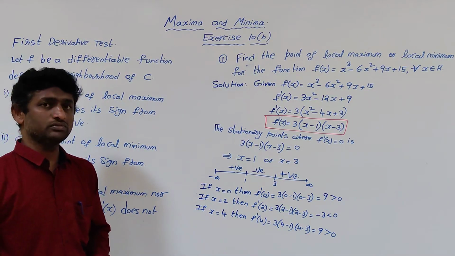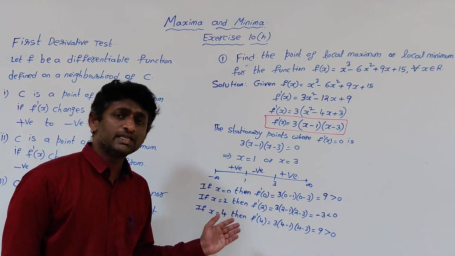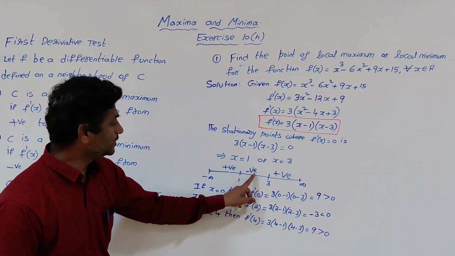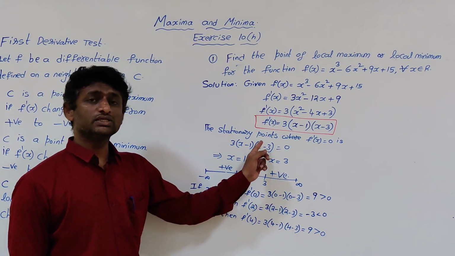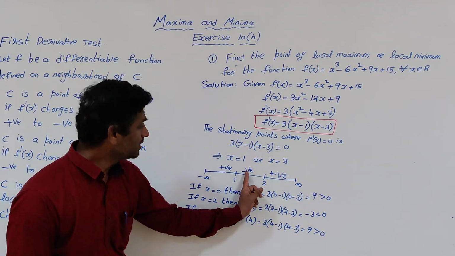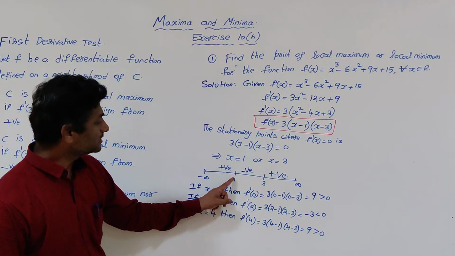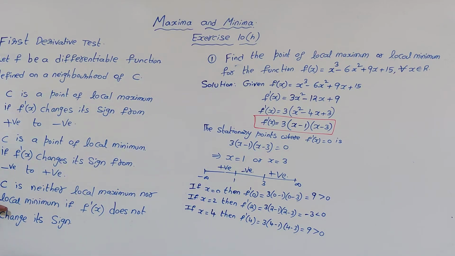Means there is a change in the sign from positive to negative at 1, and again there is a change in the sign from negative to positive at 3. So there is a change from positive to negative. So which point do we have to consider?